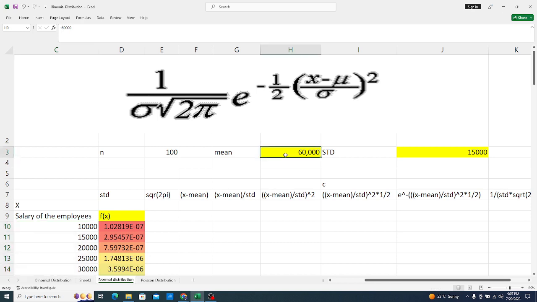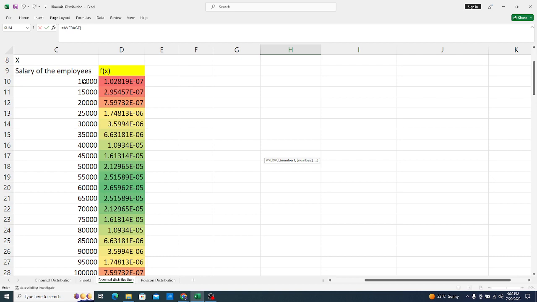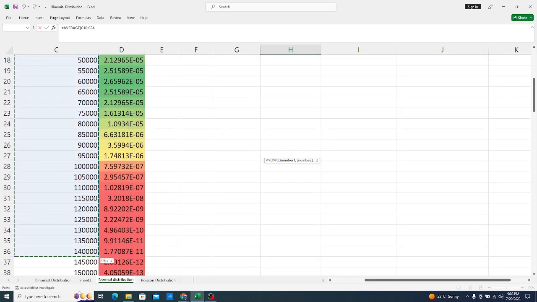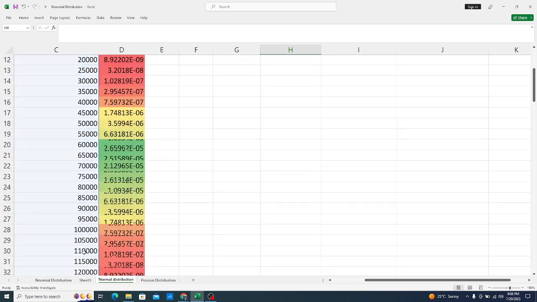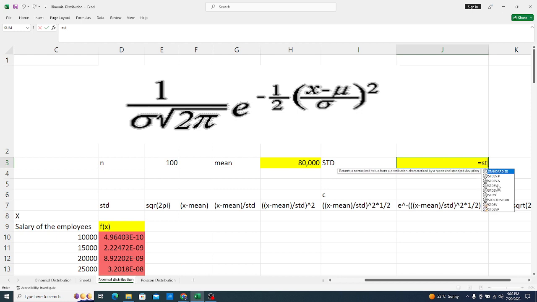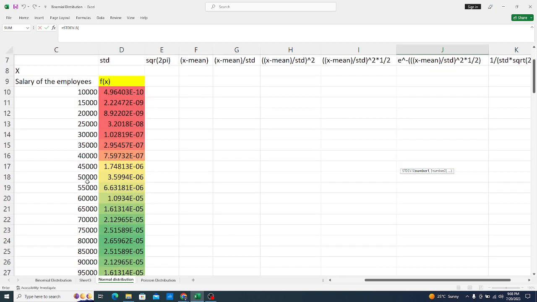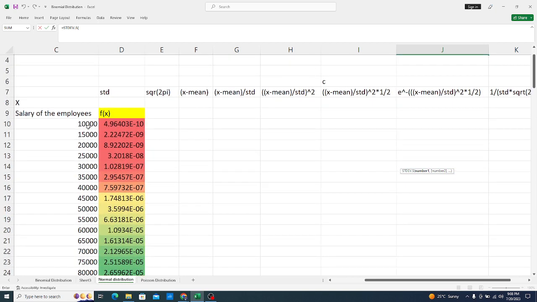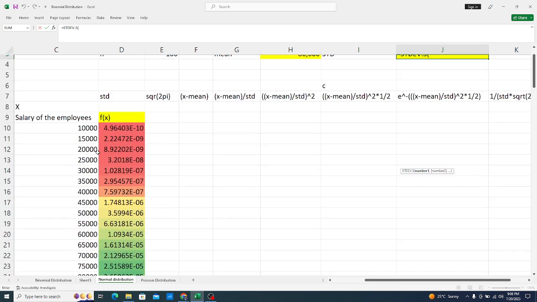So here now we are going to use the true mean, which will be equal to the average of the salaries. This will be the average of the salary. And then we will also have the standard deviation. Here we are going to use the sample standard deviation, because we have only taken 30 entries out of the 100 entries.